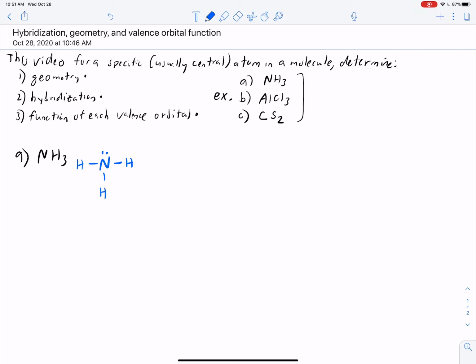To figure this out, I count the number of atoms directly bonded to the central atom plus lone pairs. So it's really like the number of things that are attached to that central atom. The book calls this steric number, I believe. And so that's what we're counting here.